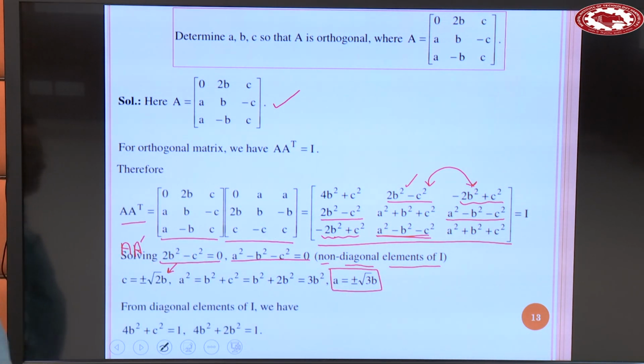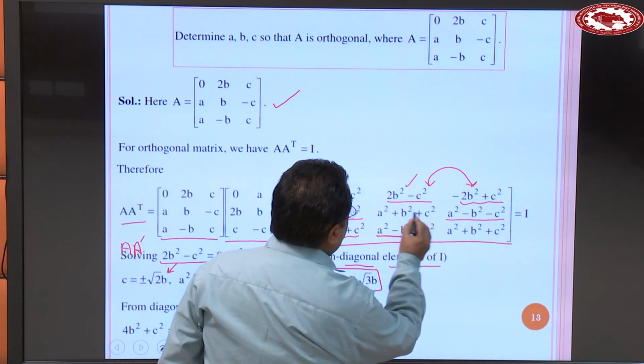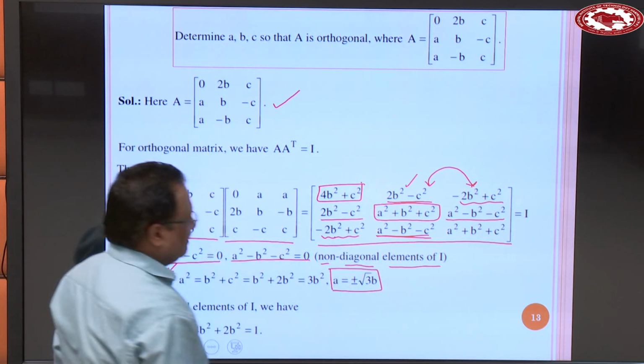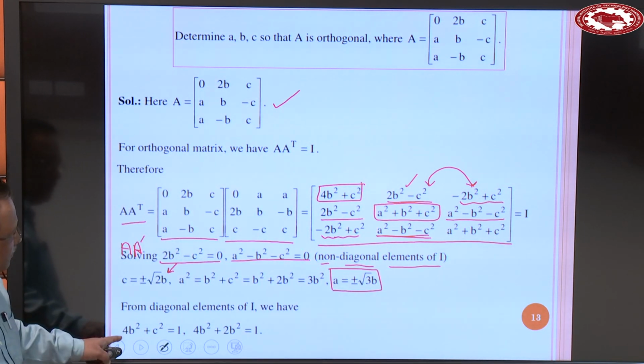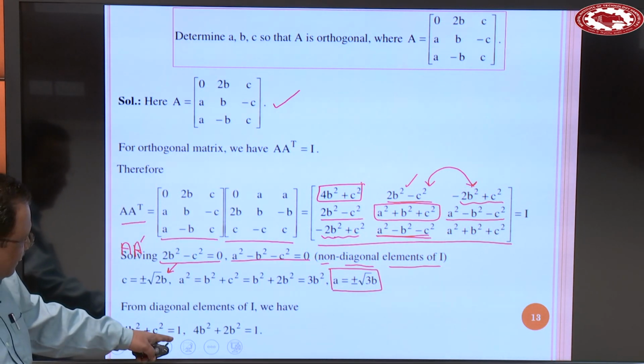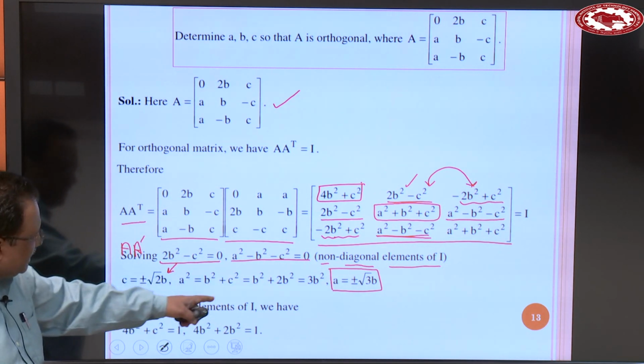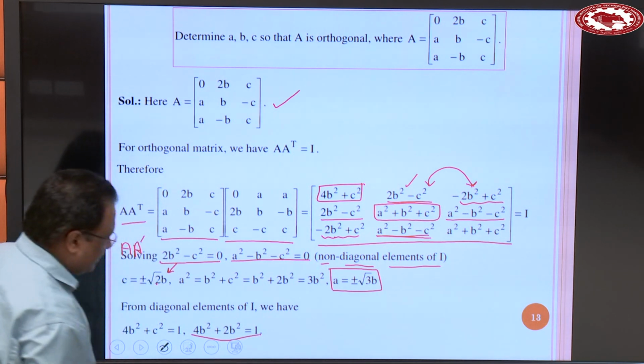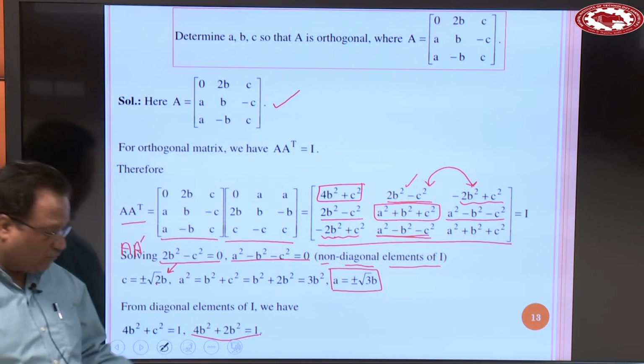Now the diagonal elements, these are two equations. So 4b square plus c square is equal to 1. Substitute the value of c as under root 2b, and we obtain 4b square plus 2b square is equal to 1.